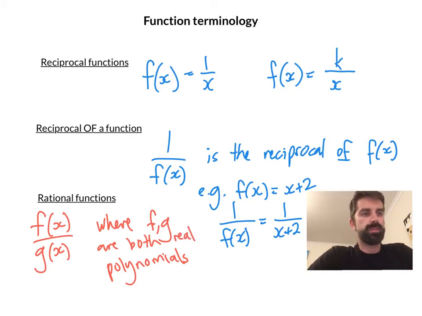The reason we call them rational functions is it's a little bit like rational numbers. So you know that rational numbers are numbers that can be written as one number over the other, say, for example, p over q. If a number can be written in that way, we call it a rational number. A rational function is very similar. A rational function can be written as a real polynomial divided by another real polynomial.